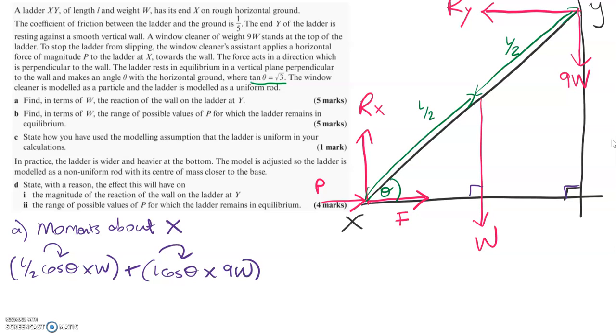And then we have Ry pointing horizontally, not vertically, so I've got to look at the perpendicular distance, which means I've got to use sine. And that goes anti-clockwise, so I'll put it on the other side of the equation.